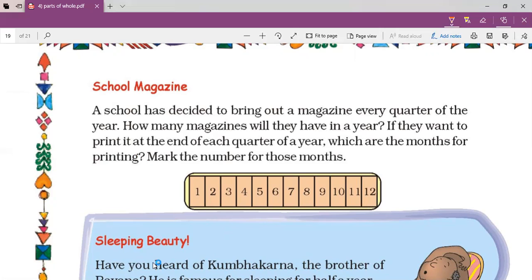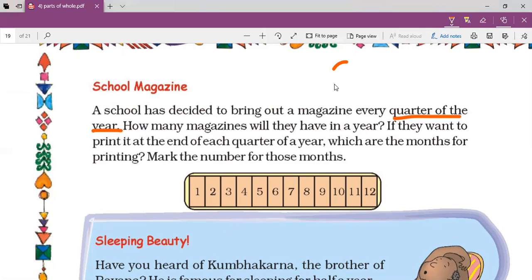So all these pictures are included in the school magazine. Okay, that is a school magazine. So here they have told us that the school has decided to bring out a magazine every quarter of the year. Mark this word, quarter of the year. Quarter means what?